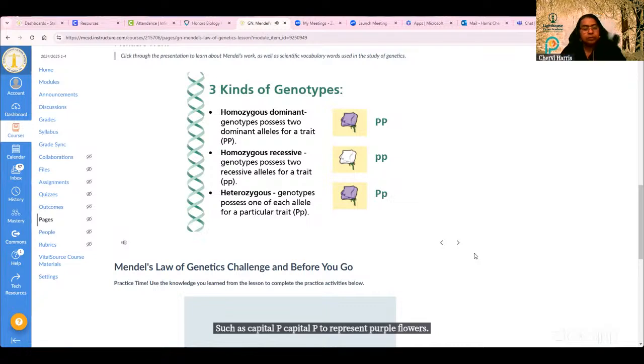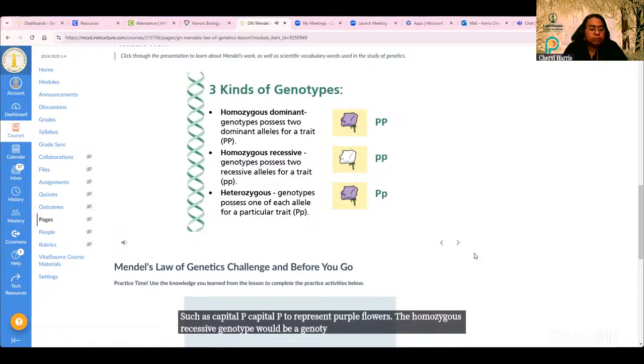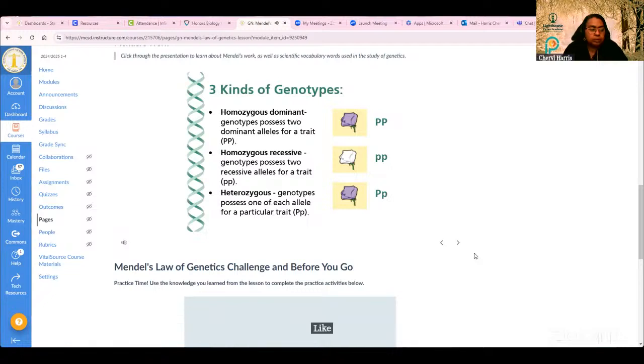The homozygous recessive genotype would be made up of two small letters, or two recessive alleles for a trait, like you would see in white flowers. Finally, there's a heterozygous genotype. In this genotype, you would see one of each type of allele for a particular trait. So you would see a capital and a small letter in combination.